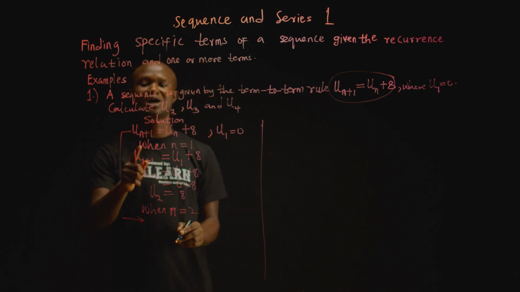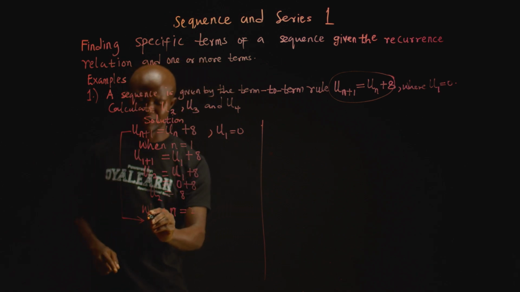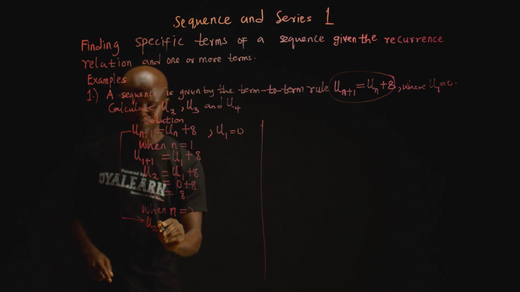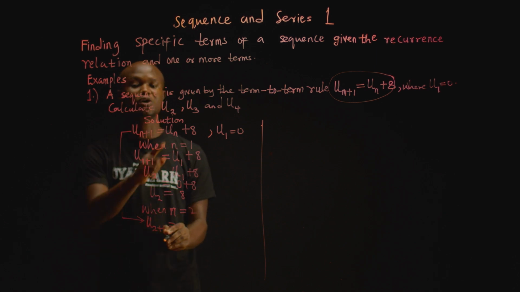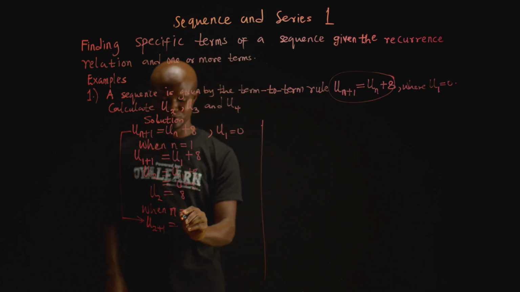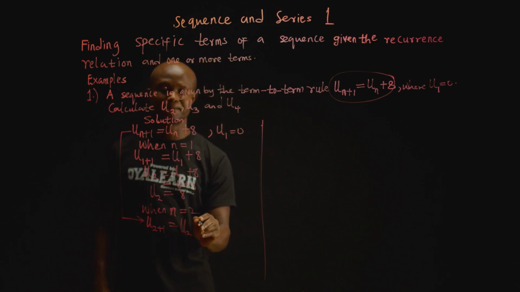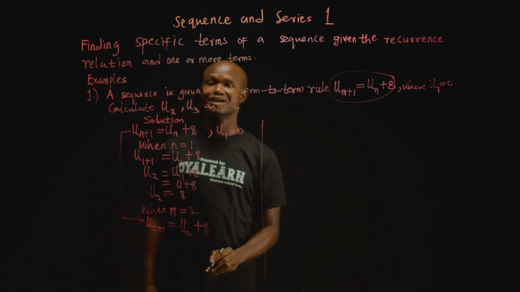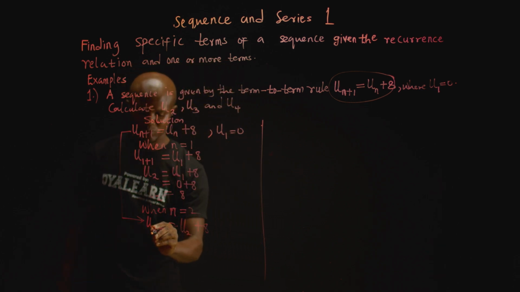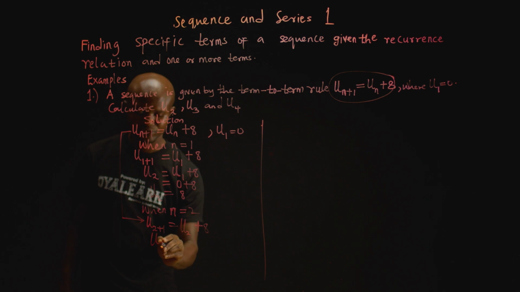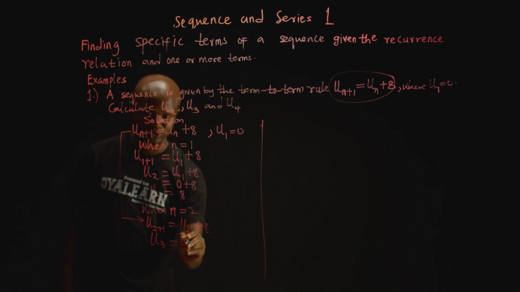So we are going to have U subscript 2 plus 1 equals U subscript 2, then plus 8. In this case, 2 plus 1 is 3. So U subscript 3 equals U2 plus 8.